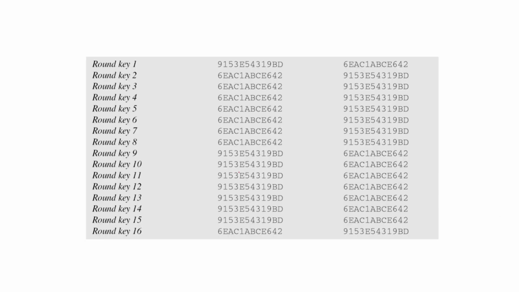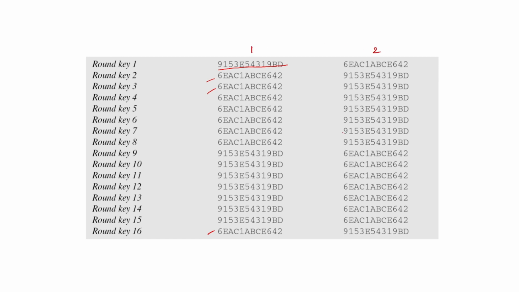If you observe this table, suppose you use a semi-weak key: for round 1 this is the round key, and for round 2, round 3, and so on up to round 16. This is the table containing round keys generated by using a semi-weak key pair, which contains 2 semi-weak keys, the first and the second.